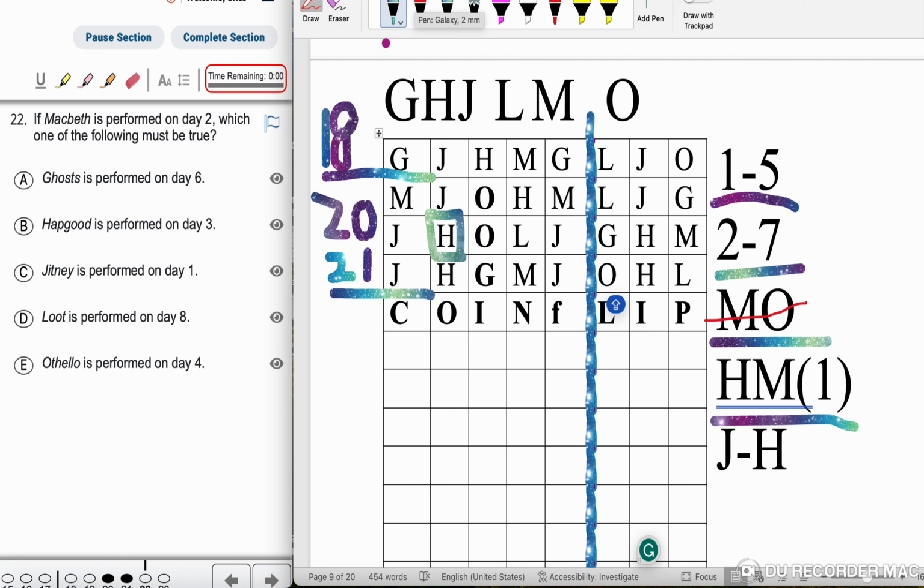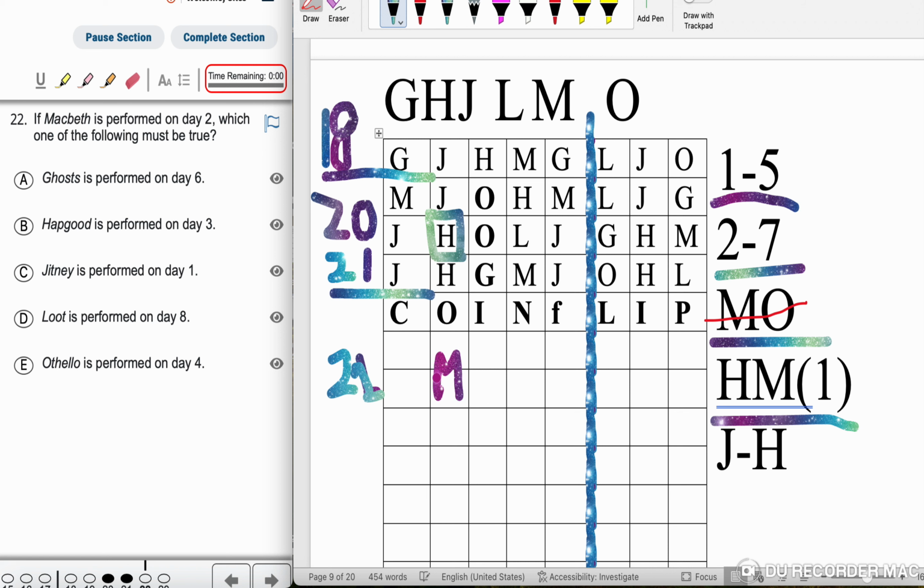Question 22 is asking a similar question. It wants to know if M is in the 2nd position, what will be the possibility, and to determine what must be true. So this is asking for must be true.